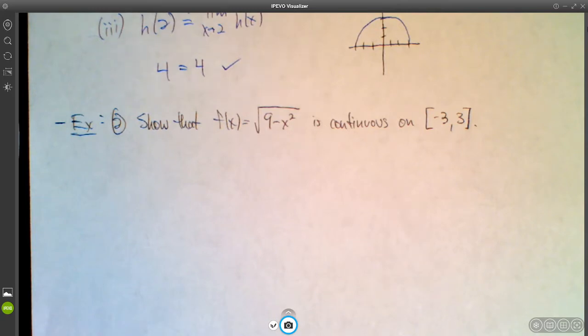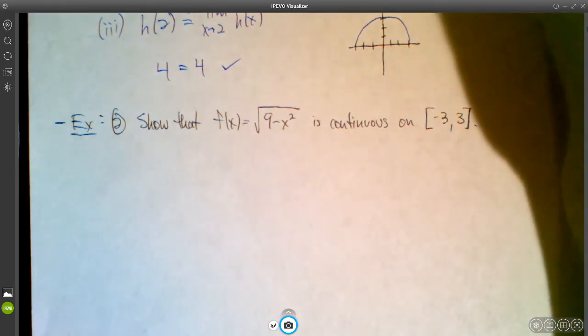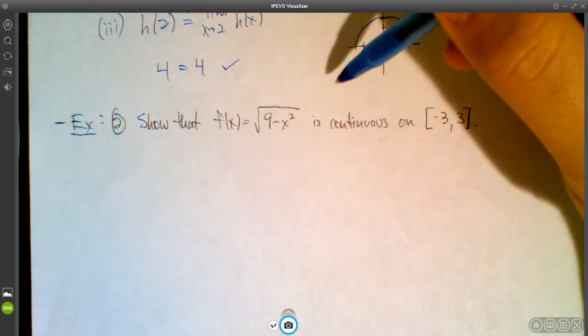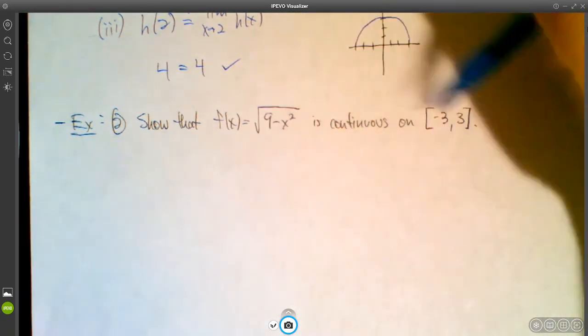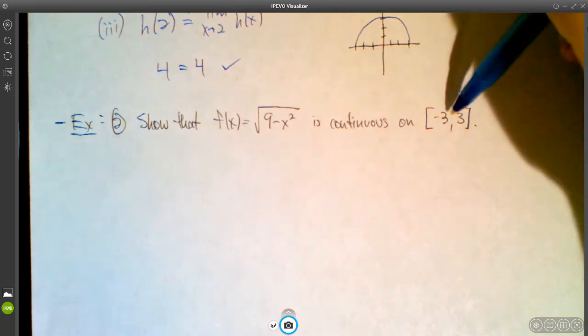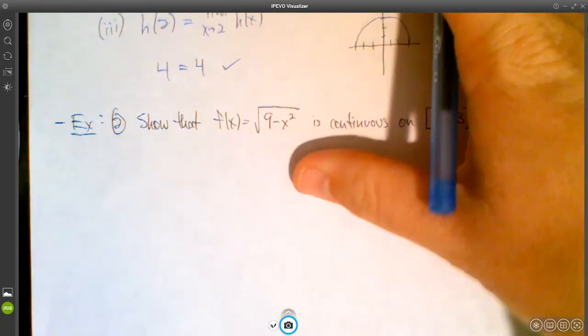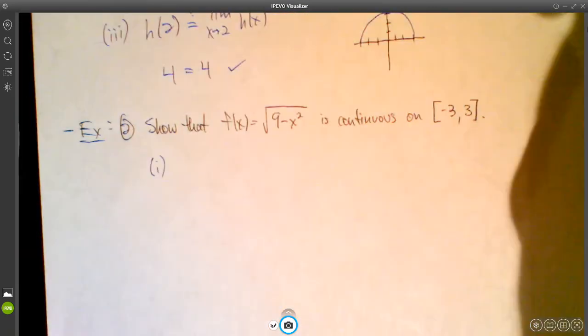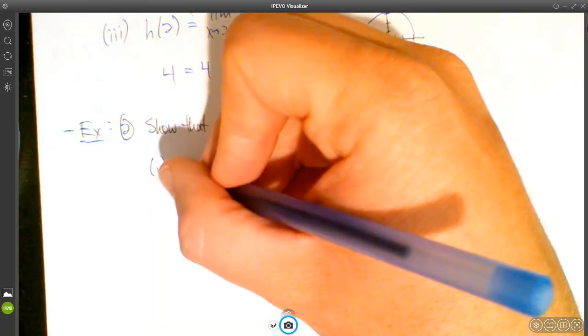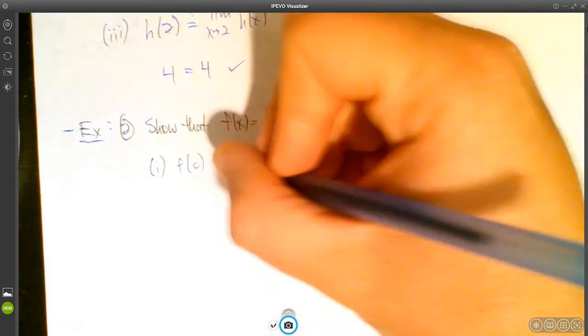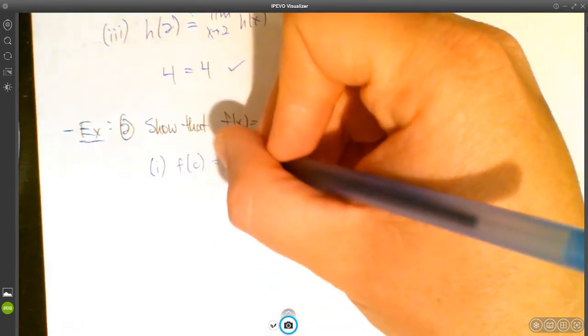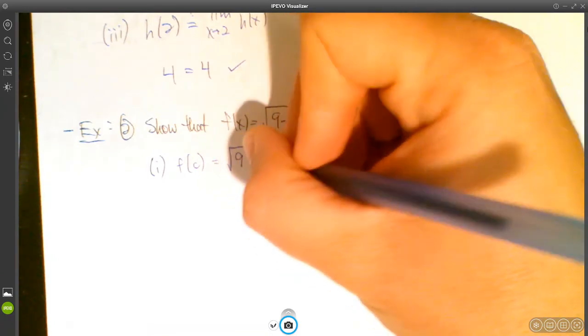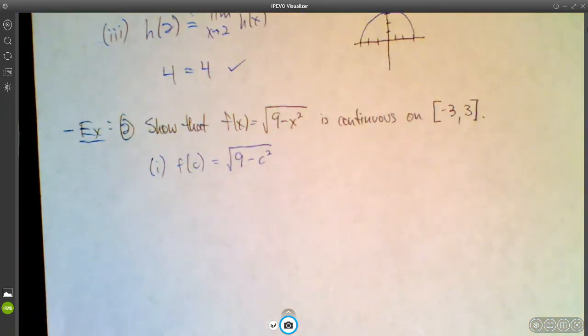So let's show that this is continuous on this interval. The first thing we should do is show that this thing is continuous just at an arbitrary point inside of this interval. So we're going to go through those same 3 conditions that we looked at before. We're going to look at f of c. That's going to be square root of 9 minus c squared.